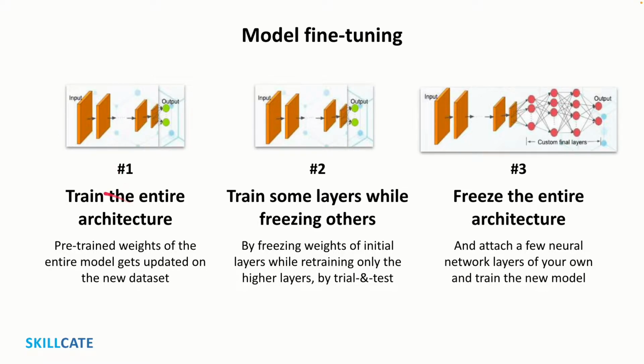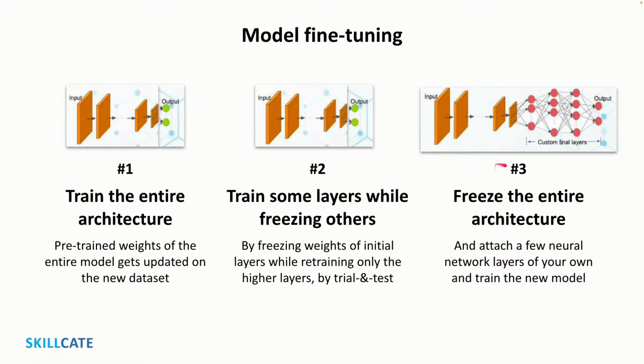First one is to train the entire architecture of our neural network. Second one is to train some of the layers while freezing others. And the third one is to freeze the entire architecture, where we basically freeze all the layers of the pre-trained BERT model and attach a few neural network layers of our own and train this new model. Note that the weights of only the attached layers will be updated during model training as part of this third approach.